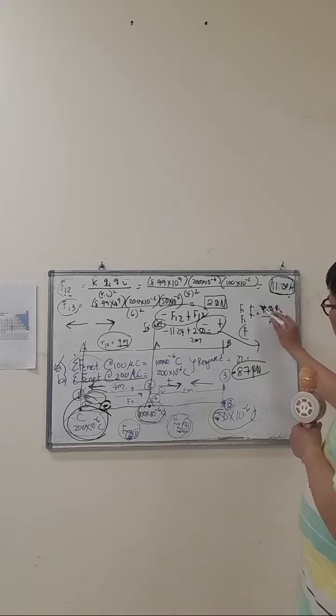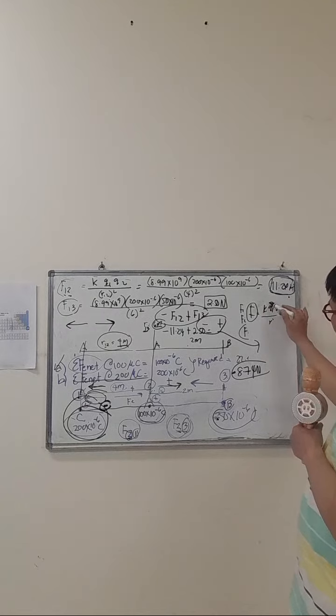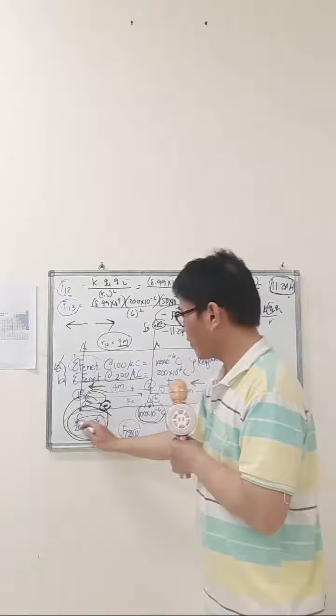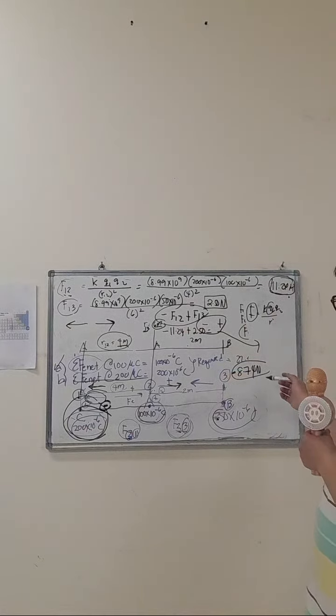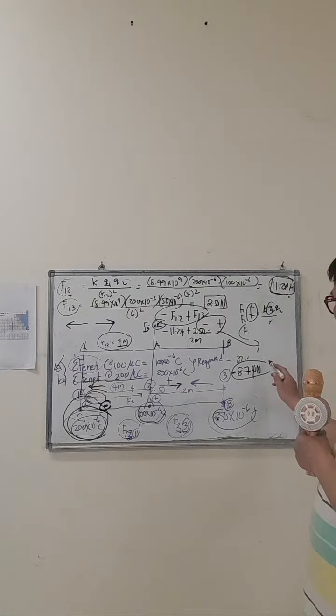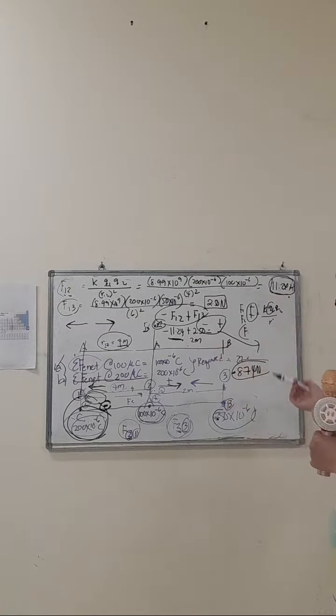Meaning to say, if your electric force is higher, your charge also is higher. In here, 200, right? And of course your net will also be higher, which is 8.74, and this is 11.24. Expected that it will carry the sign of negative.